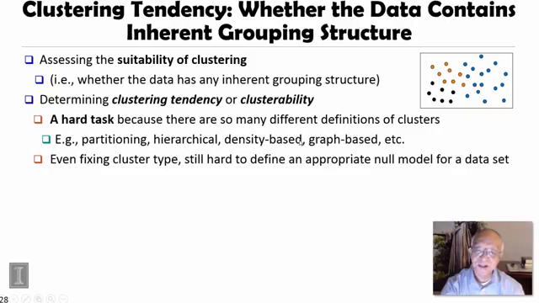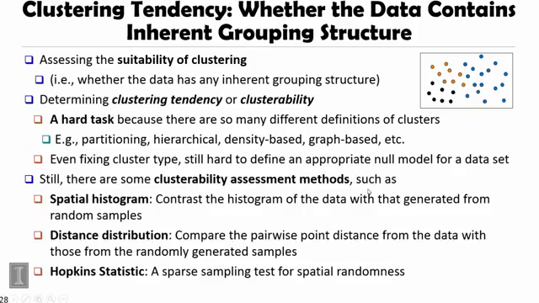That's why studying whether the data is clusterable or not is pretty hard. Even if we just fix the cluster type, for example, we just study the partitioning methods, it is still hard to define an appropriate null model for a data set. However, there are still some studies on clusterability assessment.